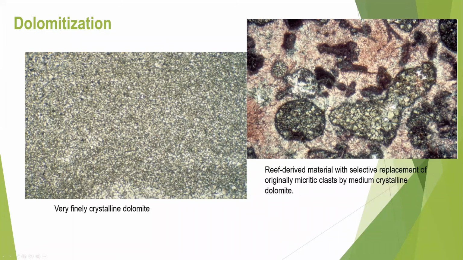And because most of the time in the tidal flat we have this type of dolomitization, and they are near the evaporite system, especially in the Middle East, if you have porosity, it is filled with evaporite. So this type of dolomitization doesn't create a very good reservoir for you.